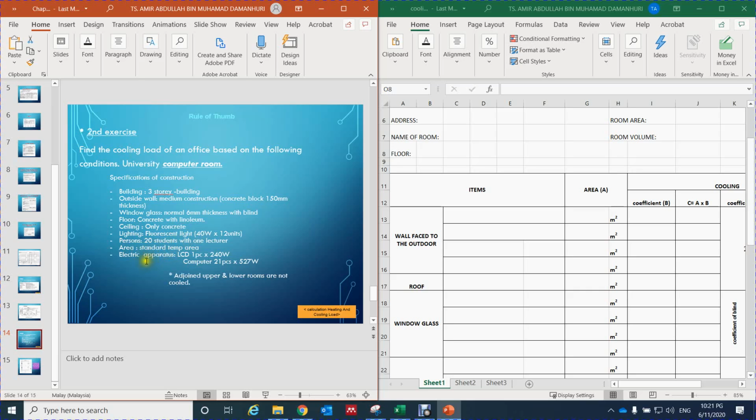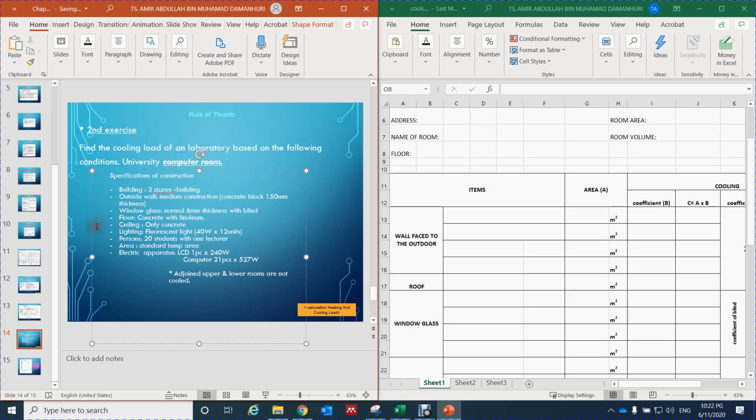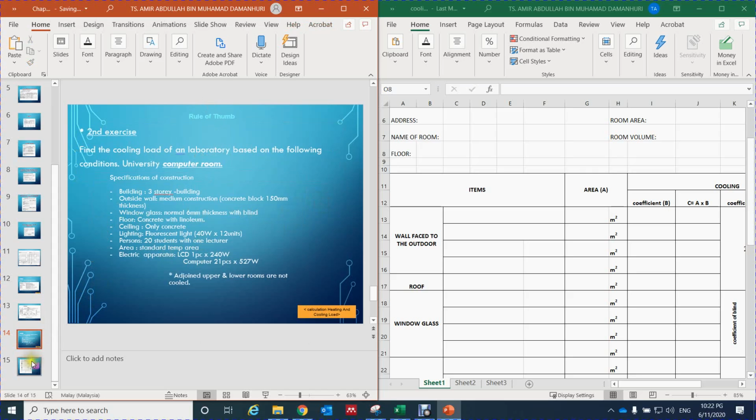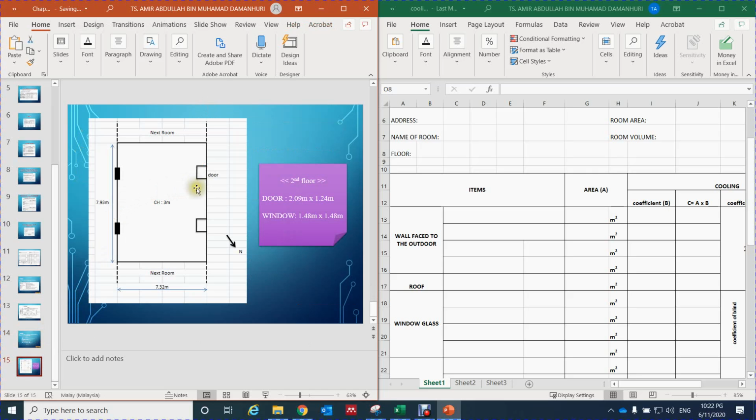The area is a standard temperature area, and there is additional electric apparatus: the LCD, which is 240 watt of heat, and the computers for that particular room, 21 times 4, 527 watt. Basically this is not an office but a classroom, a laboratory.